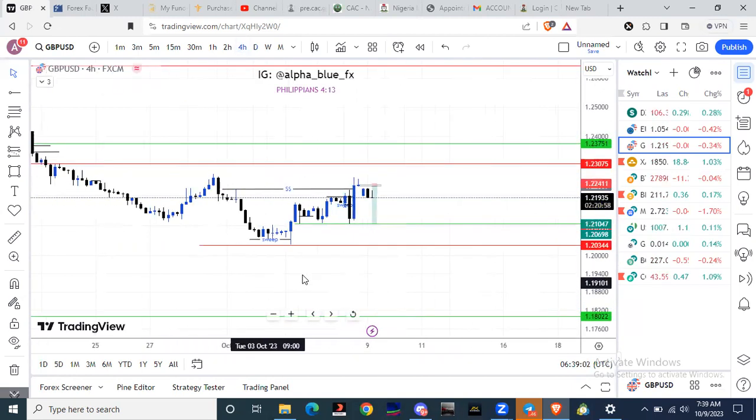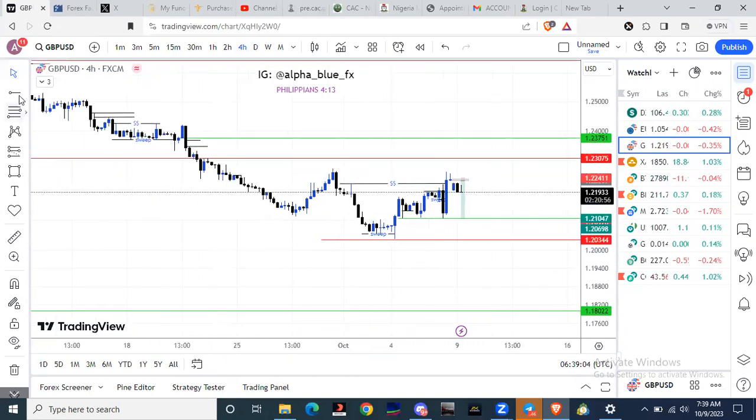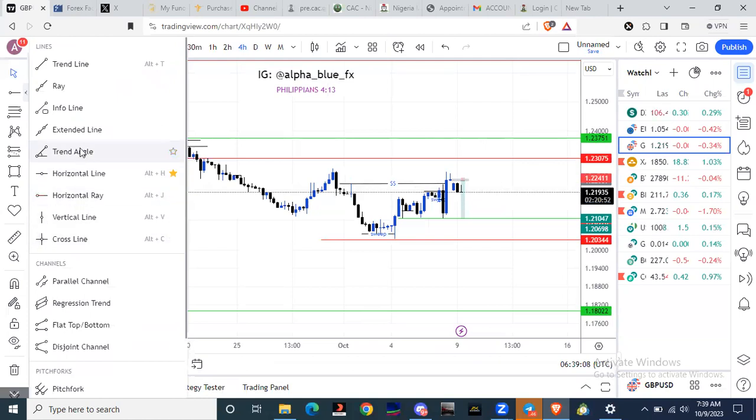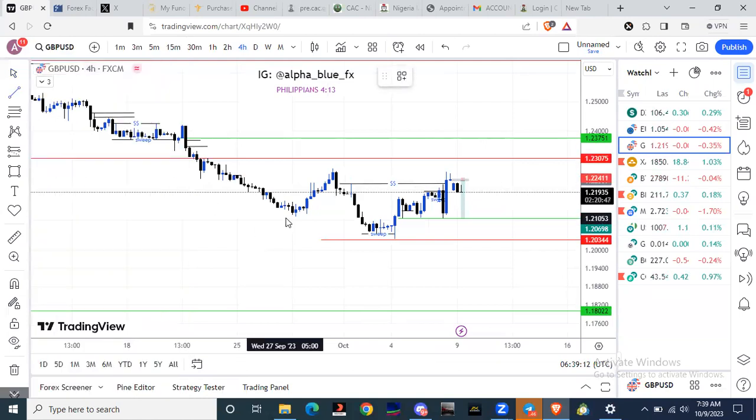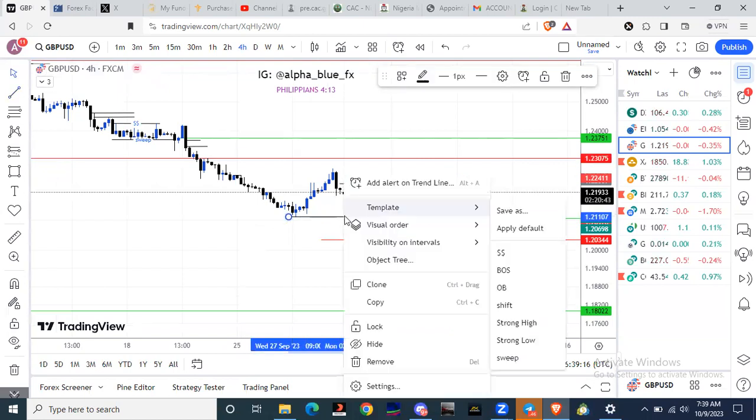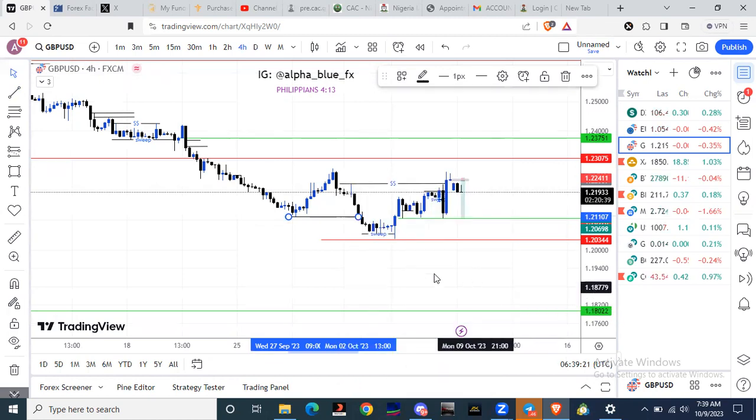So if you look closer to this, this was a break of structure around here, which I call shift, right? So look at it right here. There was a shift here.